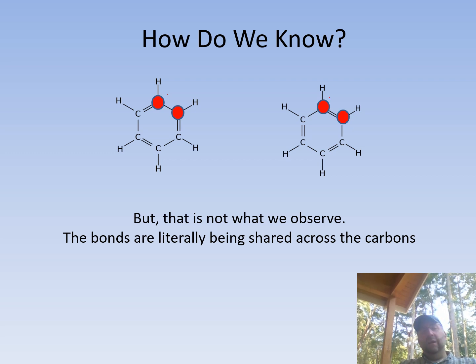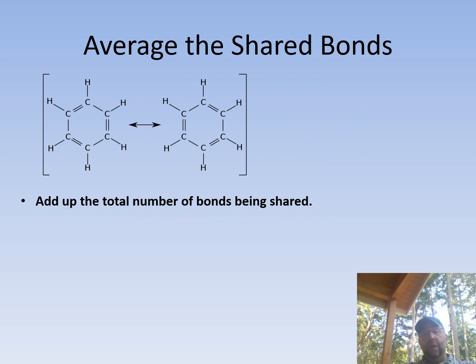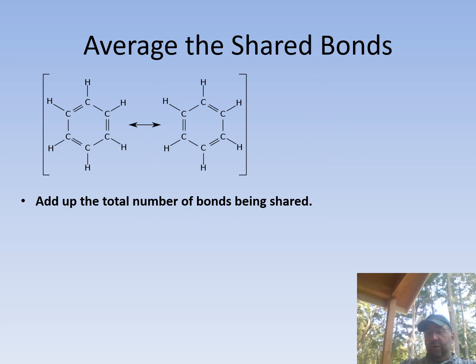As it turns out, it doesn't actually look like either at any one moment in time. It looks like both of them combined, as the average bond strength of 1.5 instead of 2 and 1. It's not the atoms that are moving or our perspective that's moving, it's the electrons that are moving. They're delocalized and able to move around the ring.